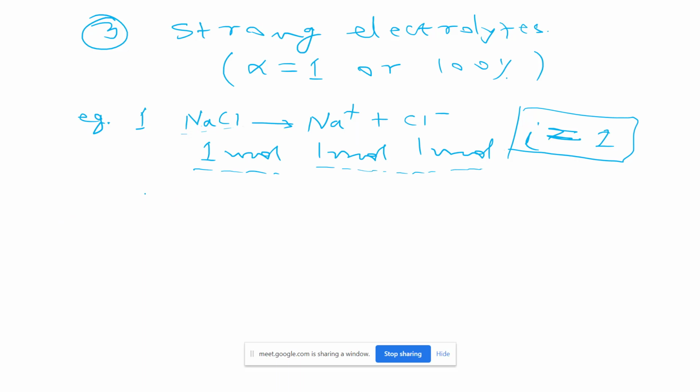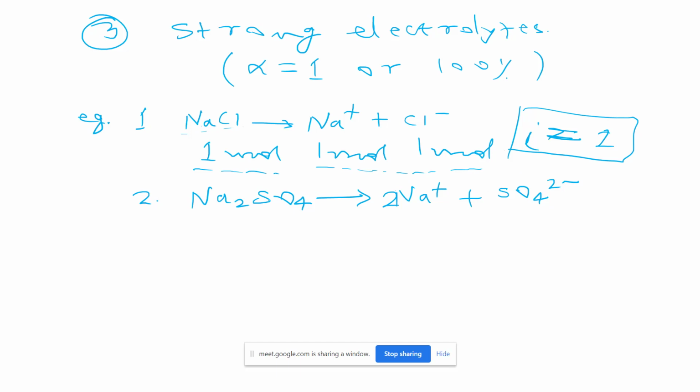Okay, and then next case, if we take another salt, that is simple cation with complex anion, can you say which kind of ions we are getting? One ion is Na+, another SO4 2-. Then how many Na+ ions are we getting from one molecule? 2 from 1 mole.